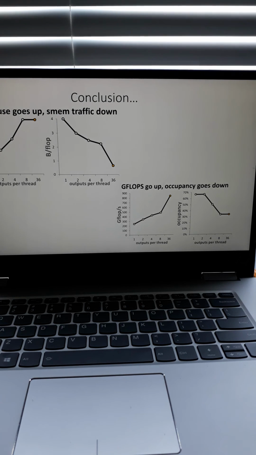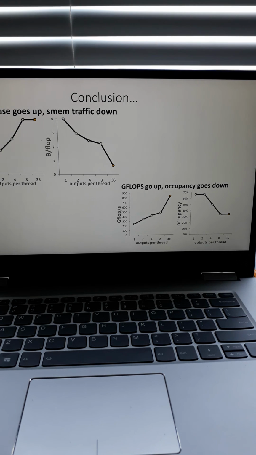And when we increase the number of outputs per thread to around 36, the performance also increases to around 900 gigaflops per second.